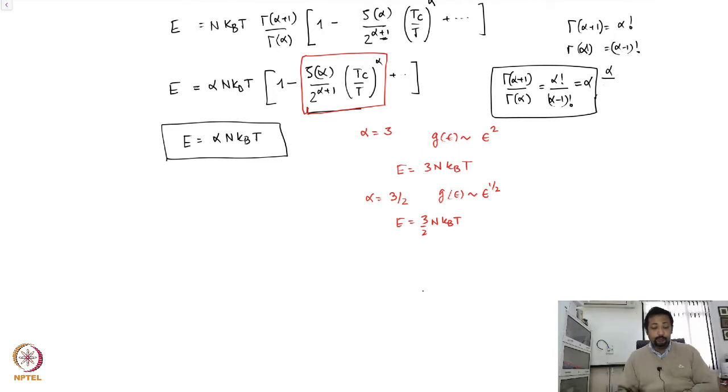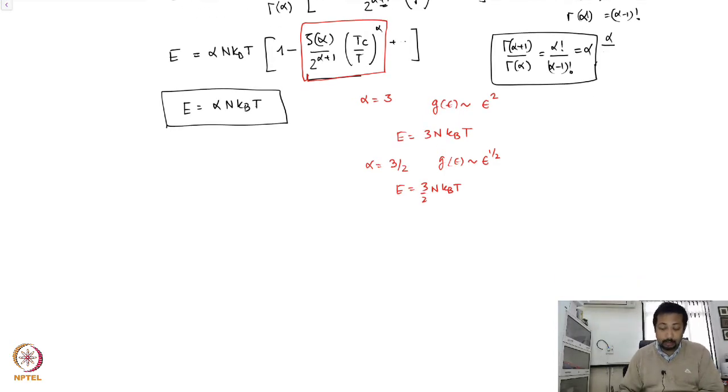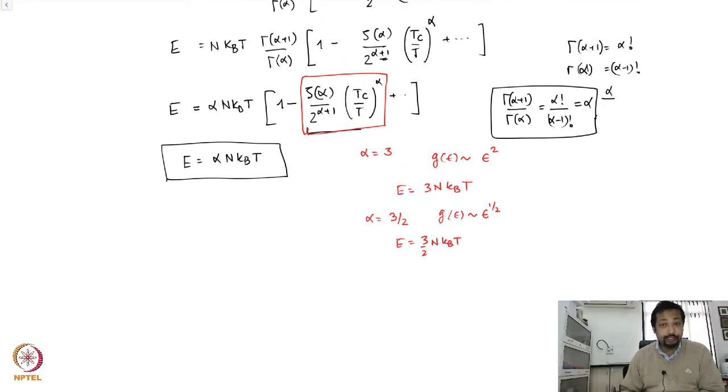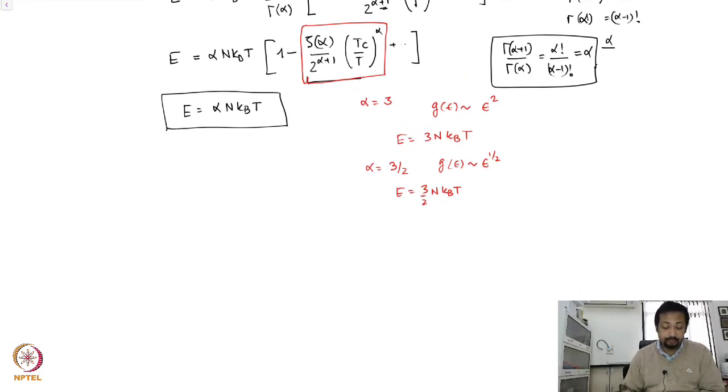So let's continue. Now, this is the relation that we got when we wrote down the energy and the particle number when my density of states g(epsilon) was the general form c_alpha epsilon to the power alpha minus 1.